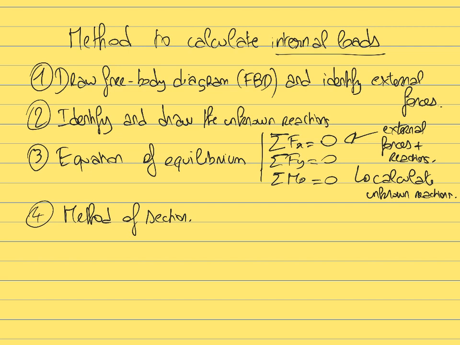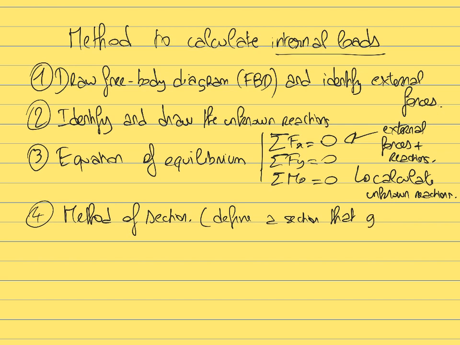So in this case, we are going to use the method of section, which means that if you want to calculate the load acting at a given point within the material, you need to define a section that splits the material into 2 parts, and a section that goes through the point at which you want to calculate the internal load.